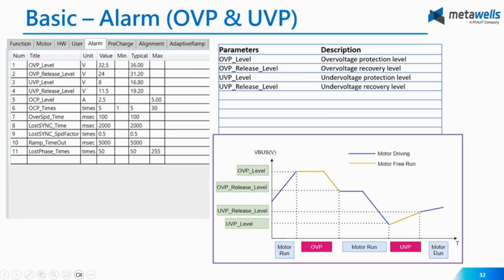During the OVP, over voltage protection, and the UVP, under voltage protection period, the motor runs freely. This area is free run. In the other intervals, the motor is actively driven, because the voltage is lower than the OVP level.